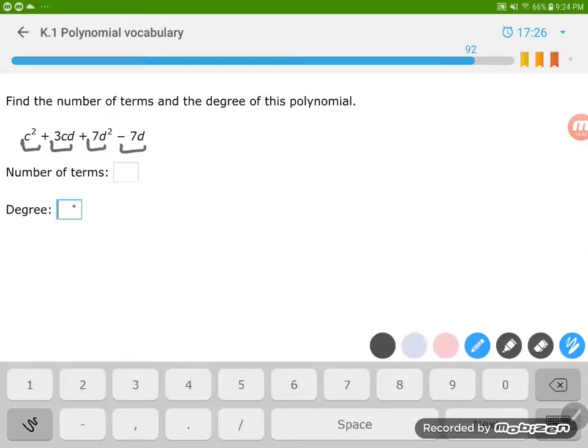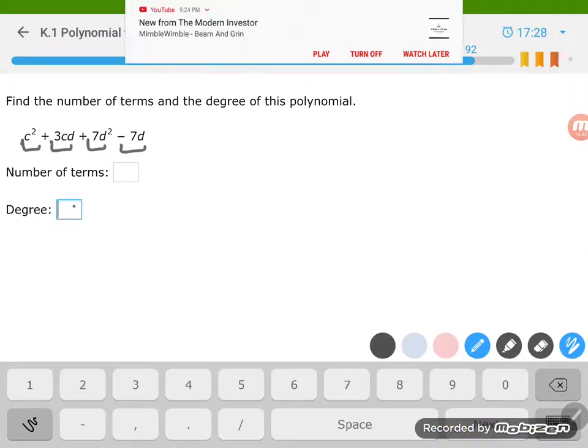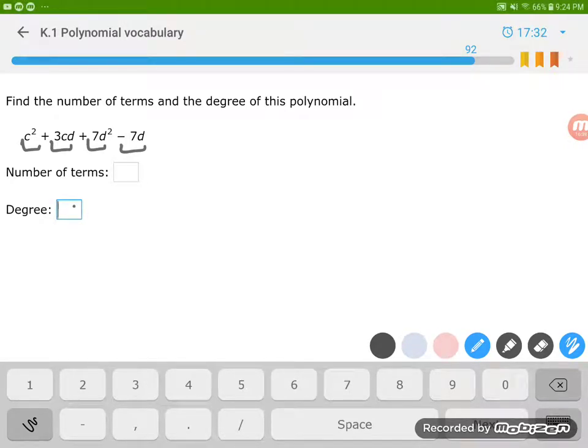And now, for our degree, again, we're just going to look for the highest combination of powers. So when I look at this, I see that I have a degree of 2 right there. A degree of 1 and 1, which would make 2 for this one. Well, actually, we'll go ahead and write the degrees above it. D squared, that would have a degree of 2.